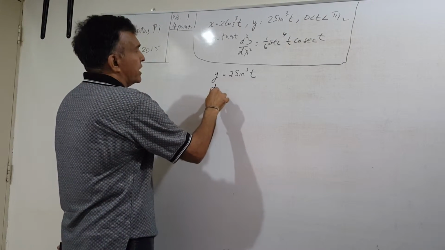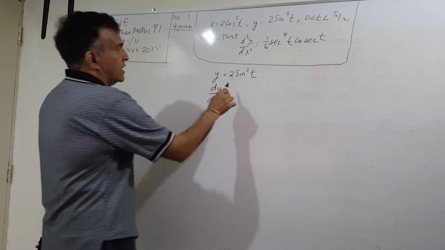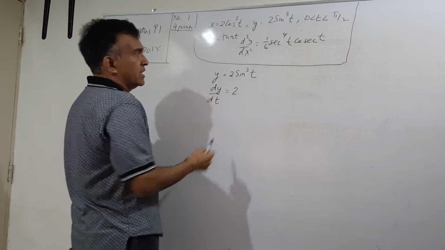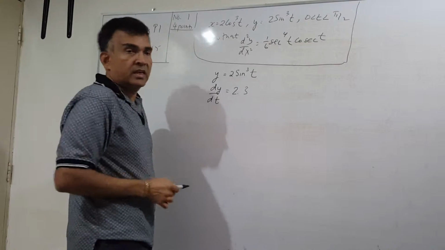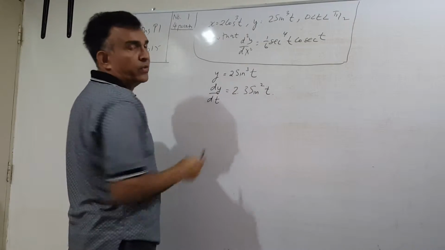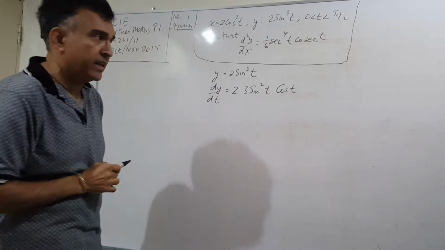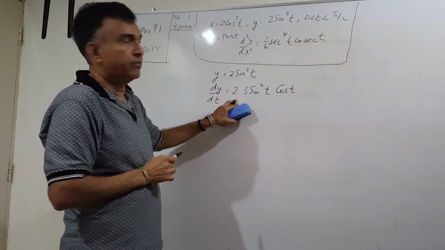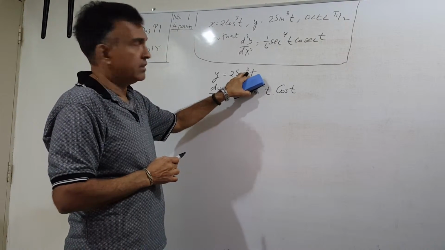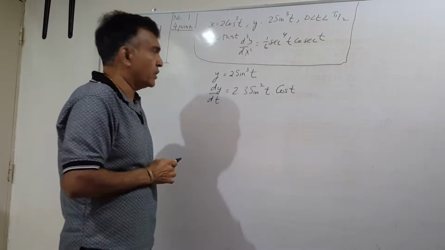First, let's find dy dt. I'm leaving the 2 as it is. I'm going to differentiate sine cubed t. Bring the 3 down, reduce the power by 1, and then you forget the power and differentiate sine t, you will get cos t.